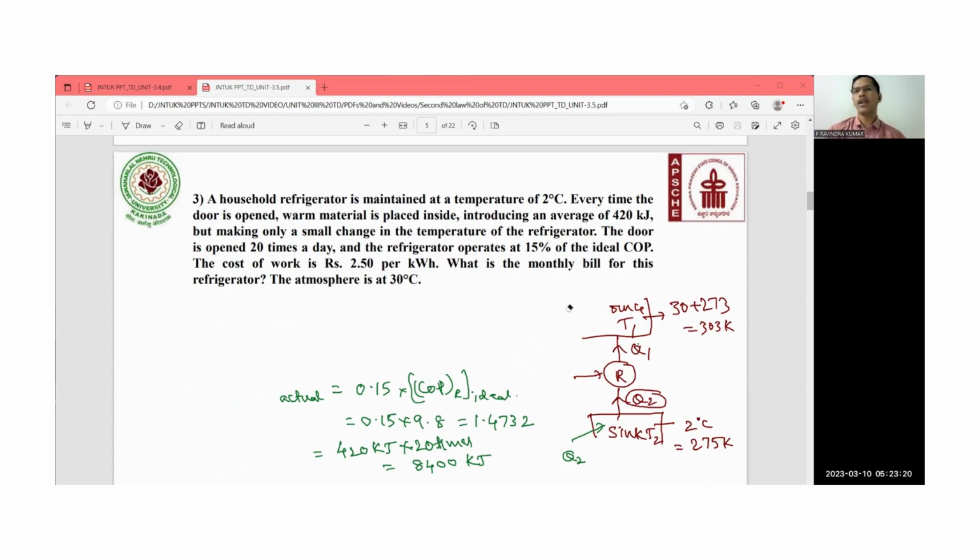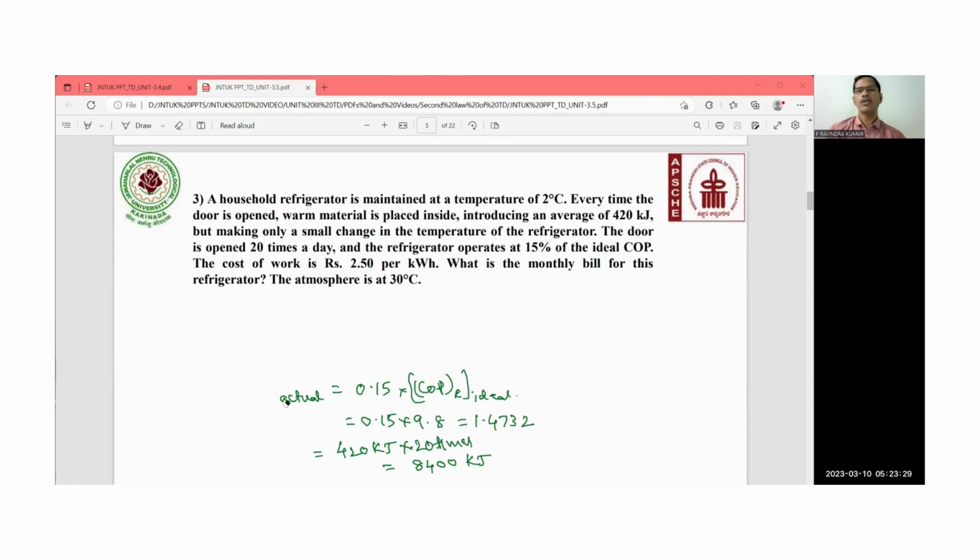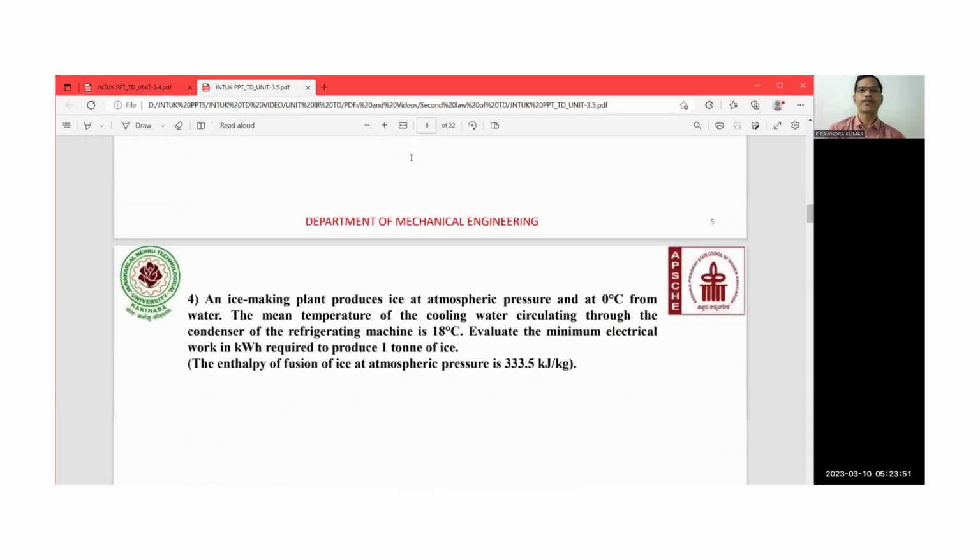Otherwise, if you open it very frequently, then each time you open the door, the outside atmosphere enters, so the compressor has to discharge the entered air and that gives more work input. If the work input increases, then automatically the electricity bill also increases. So this particular problem is connected to that side.